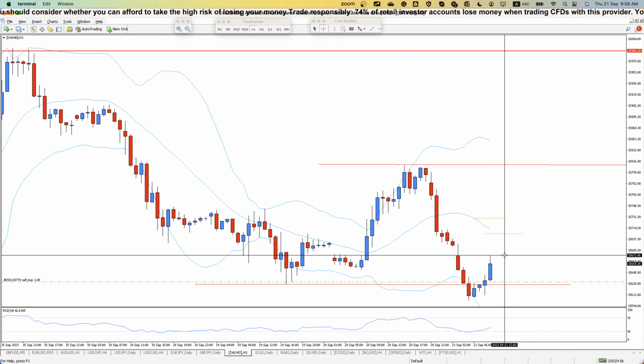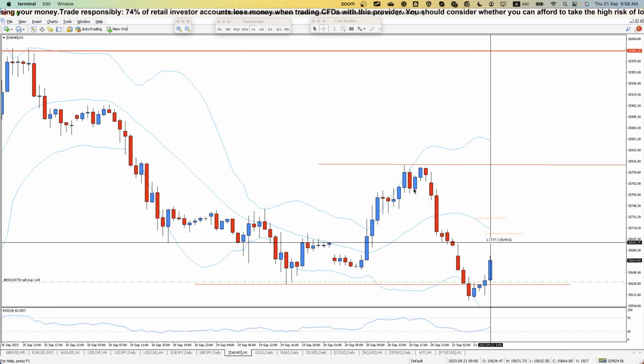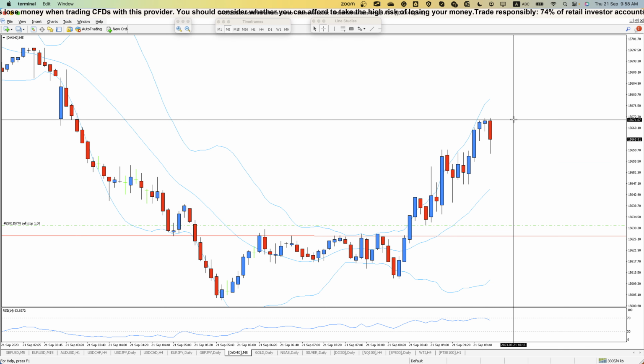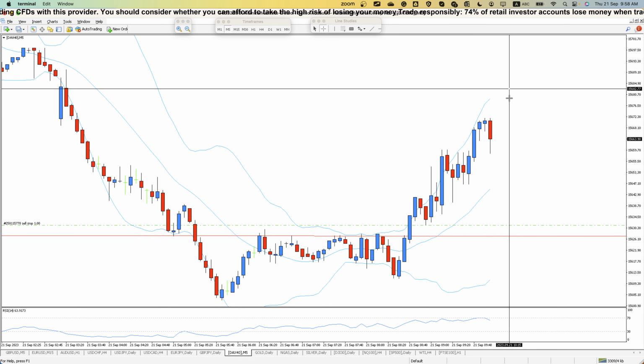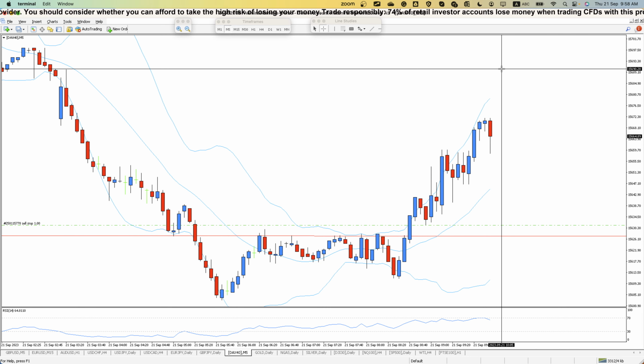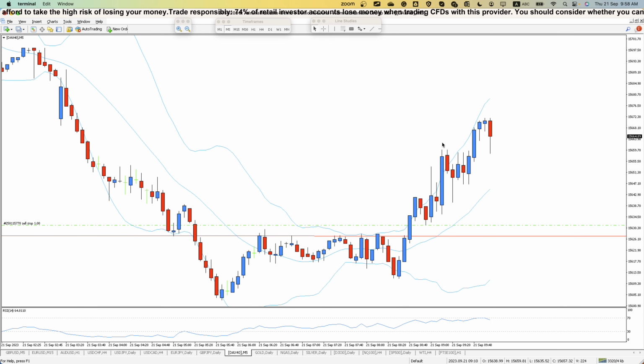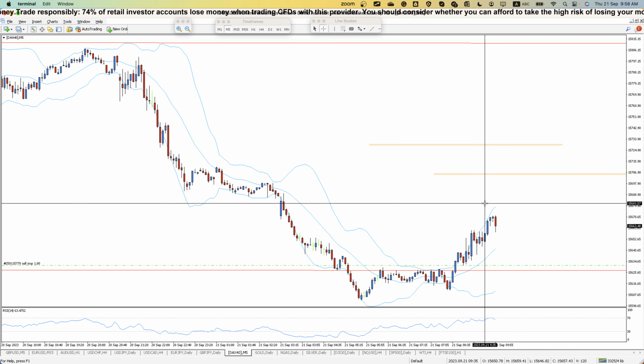If the price is going to break to the upside, again back to the 5-minute chart, there is a small room of opportunity for profits here.